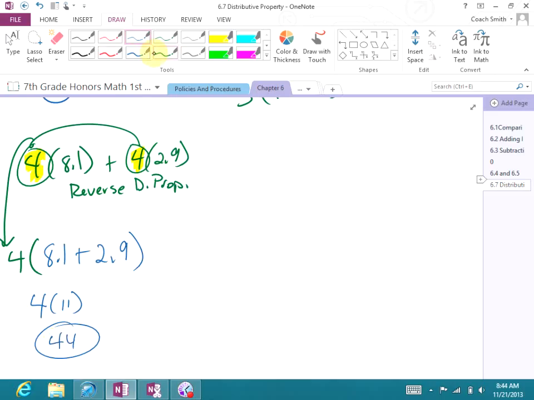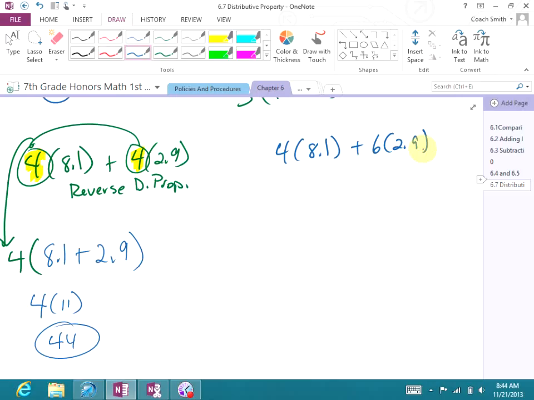Okay, if this problem would have been 4 times 8.1 plus 6 times 2.9, is that what you're asking? You can't use the distributive property. There's no shortcut to it. Okay, you just have to multiply both of them out, and you still get this.